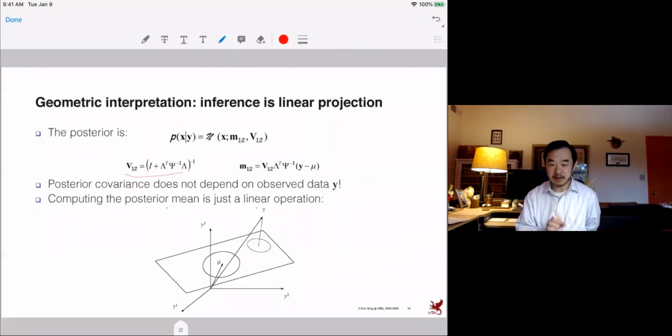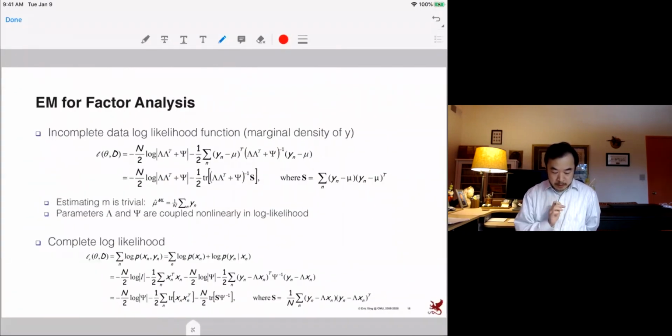Here, I actually want to go forward and talk more about the algorithm itself. All right, so now we are ready to apply the EM algorithm to estimate lambda. We only know lambda as a placeholder, but we don't actually know its value yet. It's to be estimated. In our original problem of data likelihood, we know how to write down the marginal of y already, and you can work out the likelihood function, which looks like this.